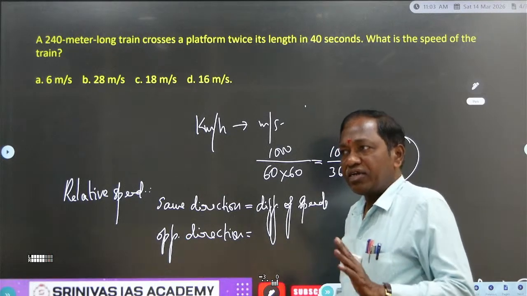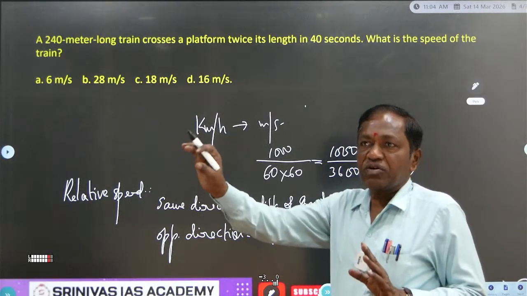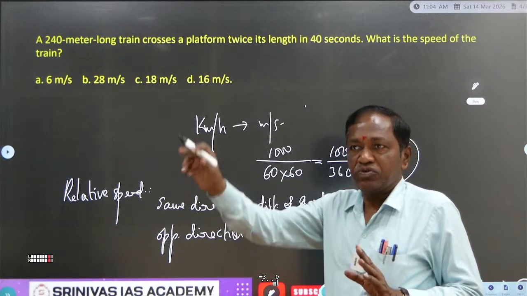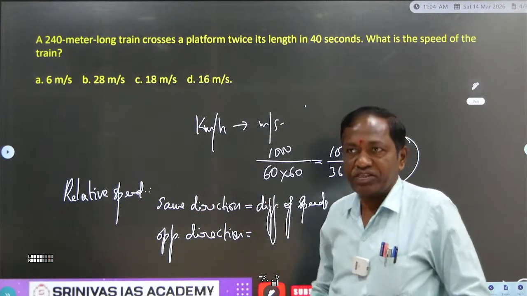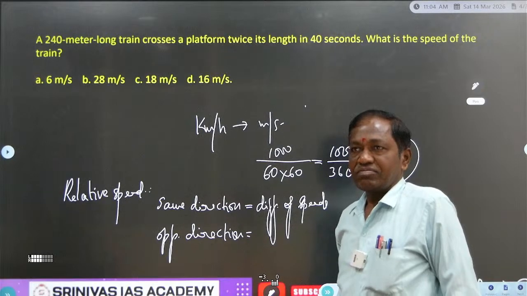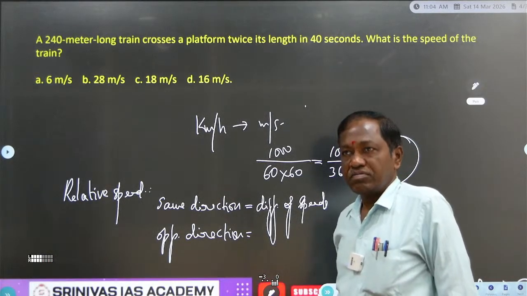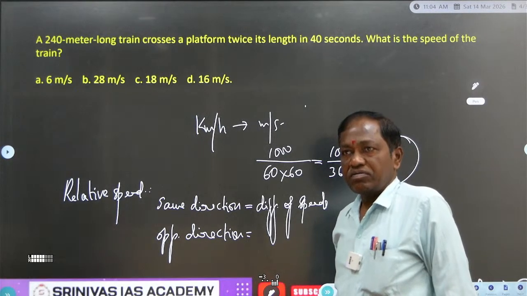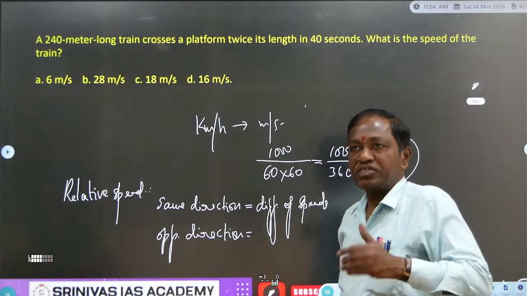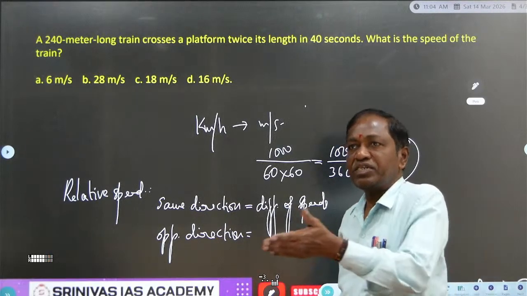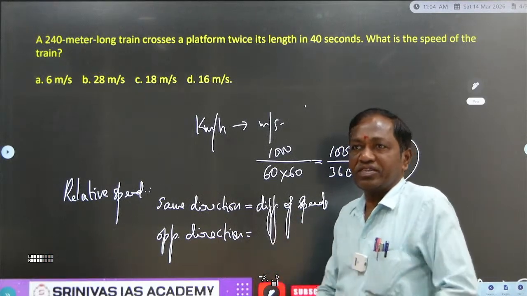Then in 1 hour I reach the 40th kilometer, you are coming 60 kilometers. We are meeting together there.